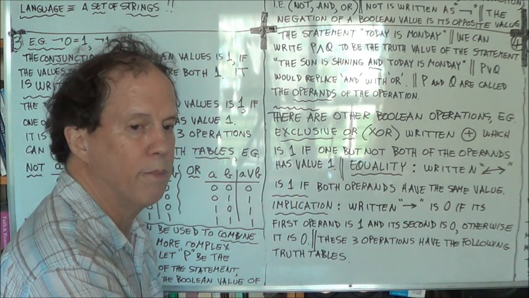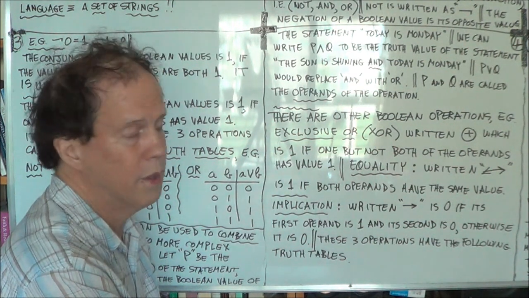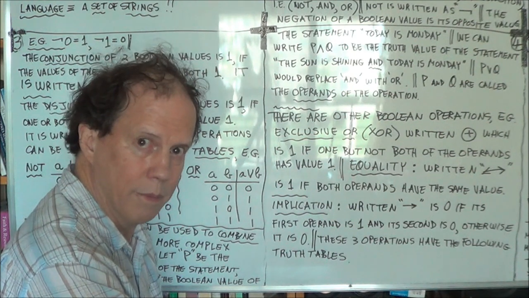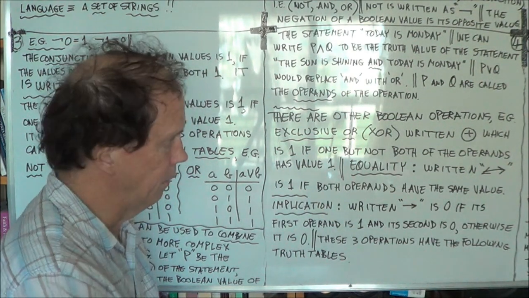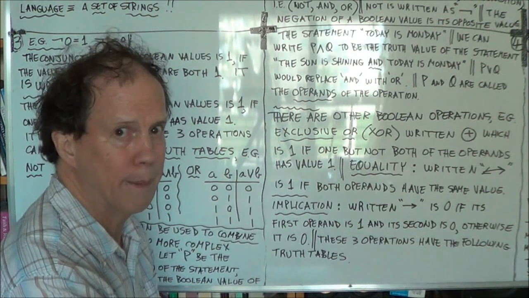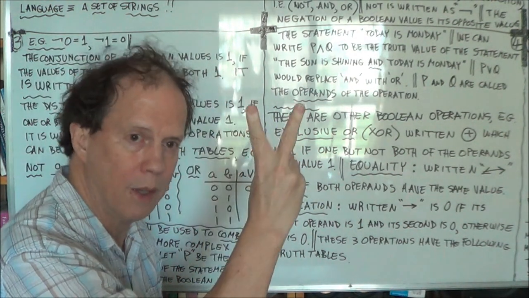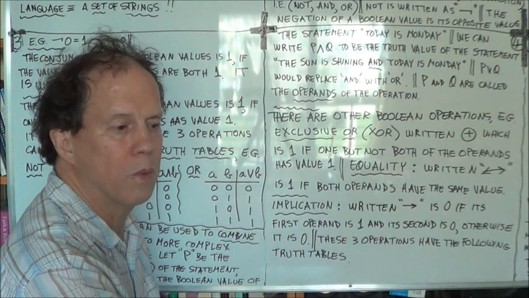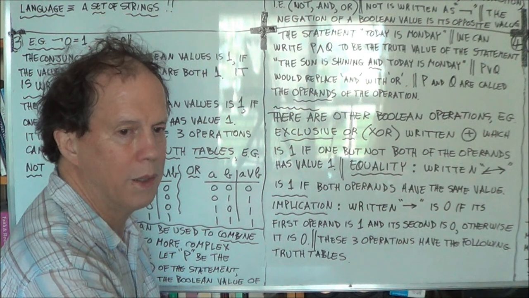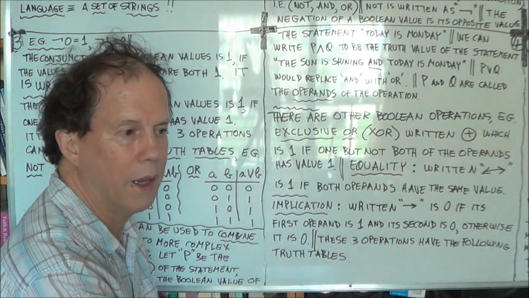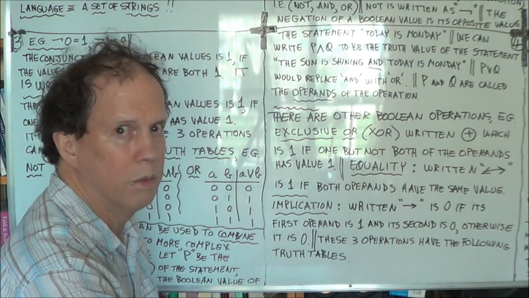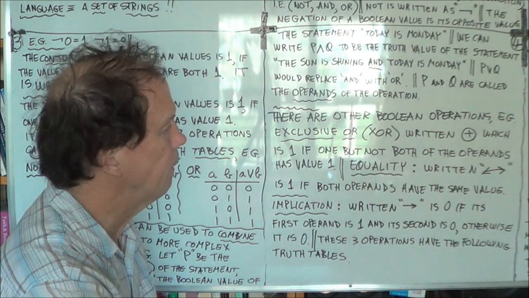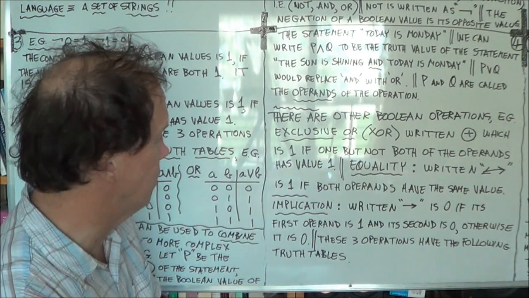So A and B could both be 0, false, or both be 1, true. The other two cases, and there are always just 4 cases when you have 2 variables, are 0. In other words, when A and B have different values, like A is 0, B is 1, or A is 1, B is 0. Okay, and you'll see that in the truth table as well.